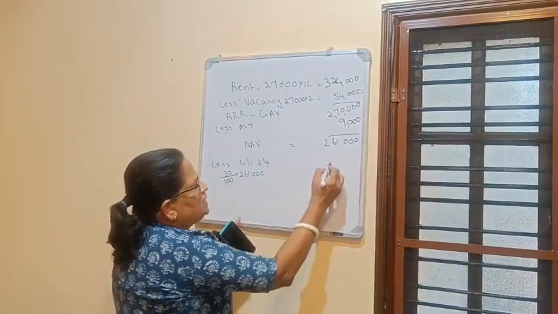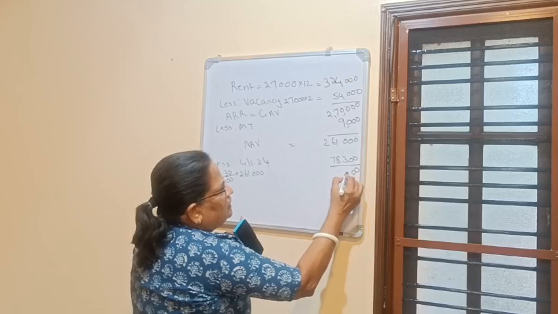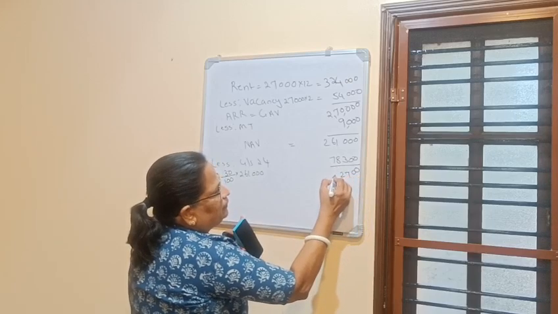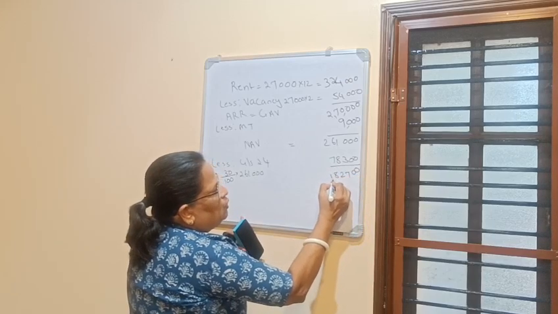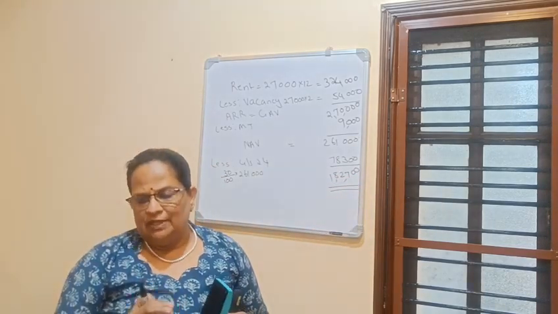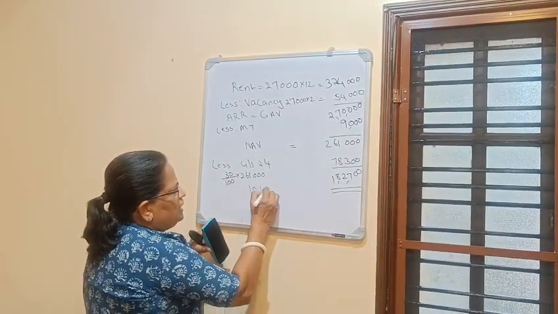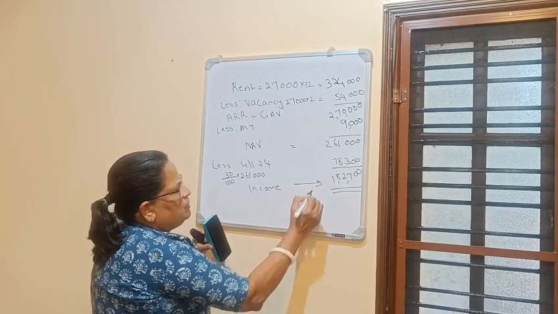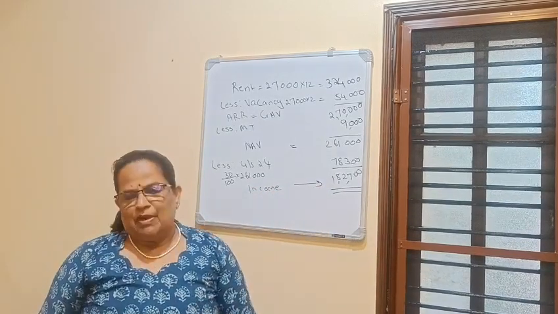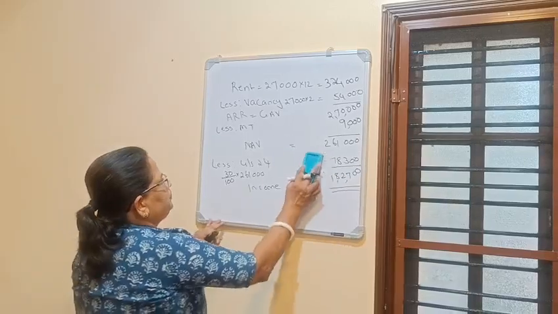So this value is 78,300. So 1,82,700 is the income from let out house property. So the first problem I have explained, a simple problem. Now the next problem.